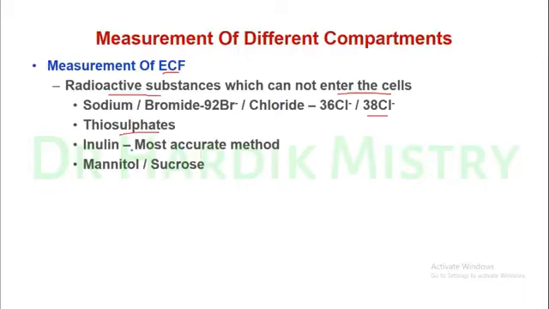Thiosulfate and inulin, which is the most accurate method for measurement of extracellular fluid compartment volume. Mannitol and sucrose are also used for measurement of ECF. So these are the methods we use for measurement of the extracellular fluid compartment.